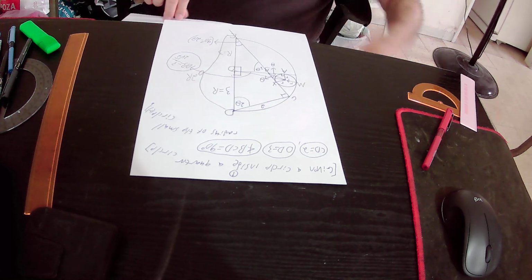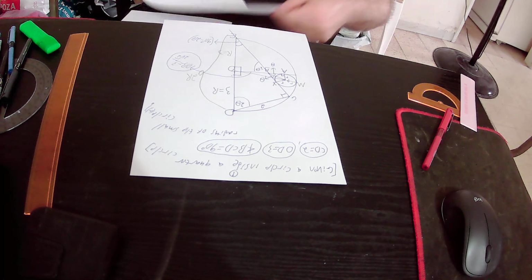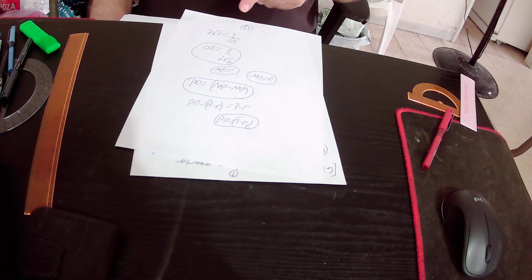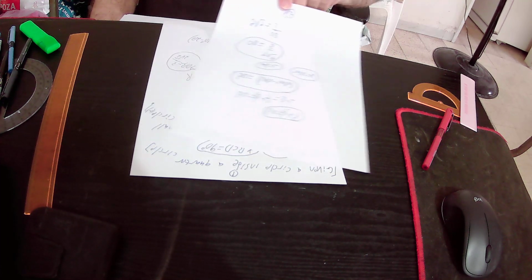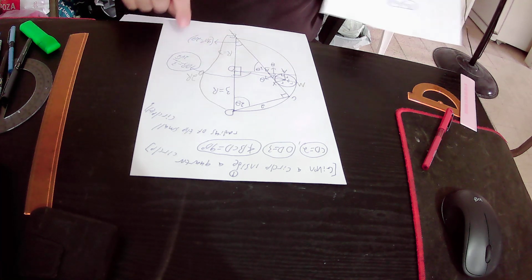Okay, and we got this equality, and from here we found that BO equals 3 over 2 times root 2.